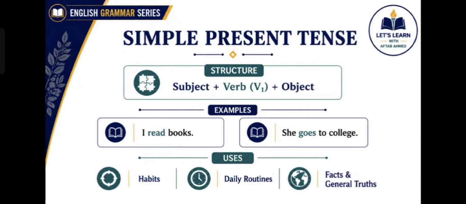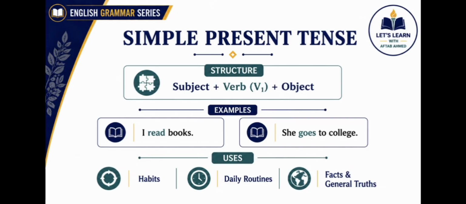Let us begin with the most commonly used form, the present simple tense. Its structure is subject plus verb, the first form of verb, plus object. Look at these examples. "I read books." "She goes to college."